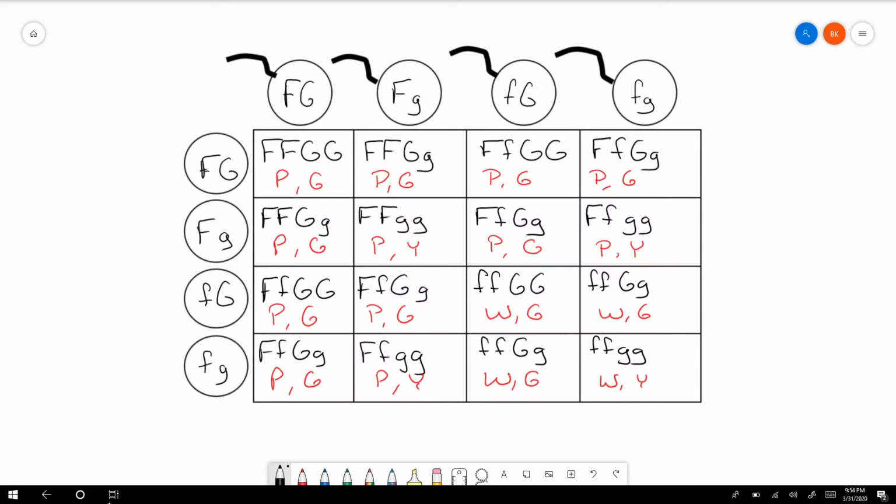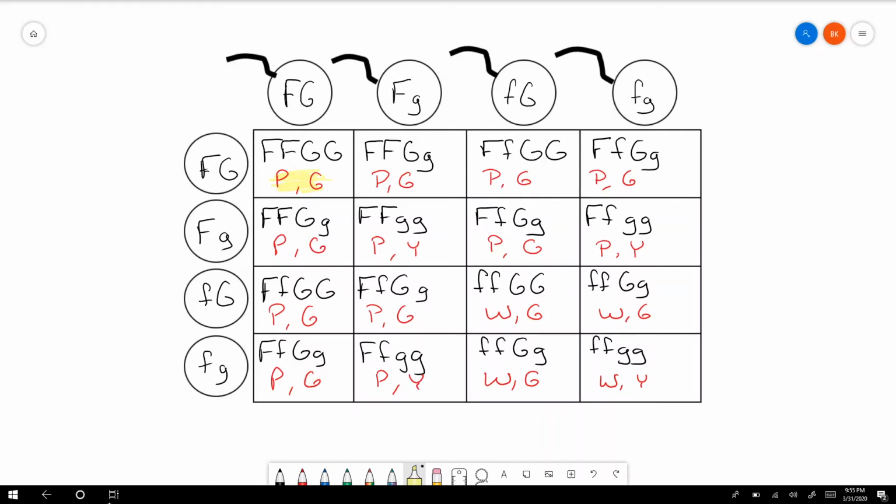If you take a look, let's highlight here what I'm showing right here. It's the phenotype that I wrote in red. The P is for purple, the G for green, the Y for yellow, and the W for white. So what does this top left box mean? What does big F, big F, big G, big G mean?